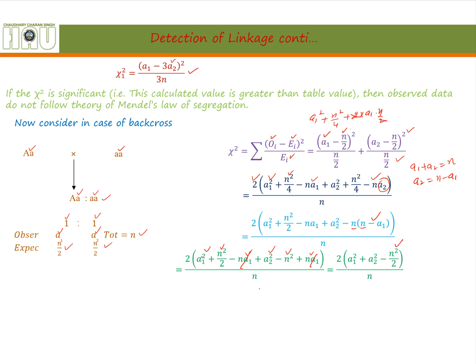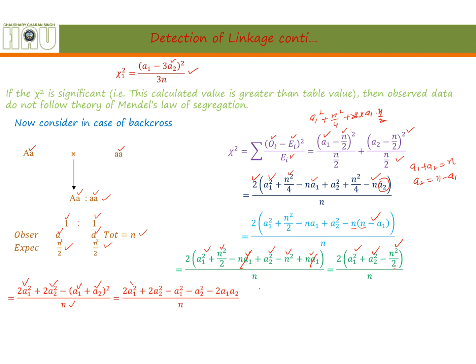So I will get this A1 square and A2 square. I further simplify it: A1 square plus twice A2 square. Now this n can be replaced as (A1 plus A2) square, and divide it by 2. When I multiply this thing with 2, this cancelled out. That's why 2 is not appearing here. So divide it by n.